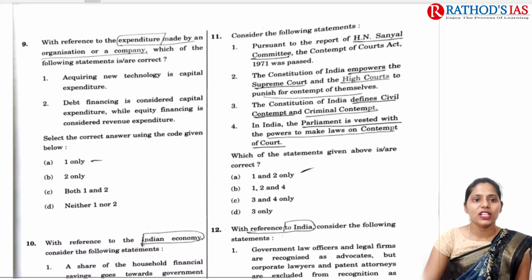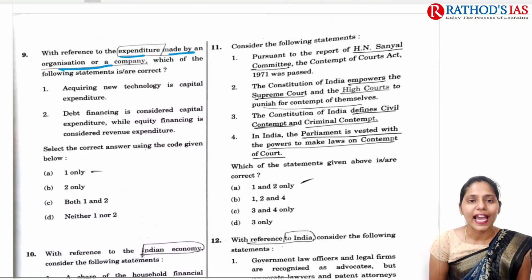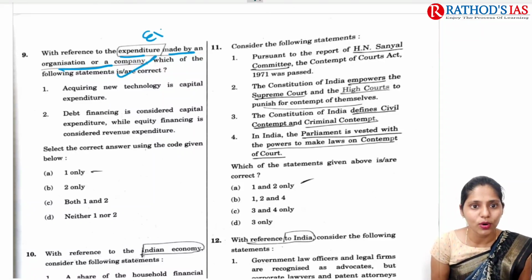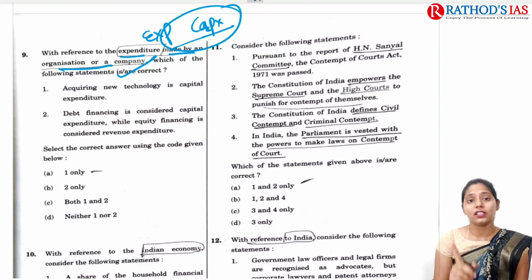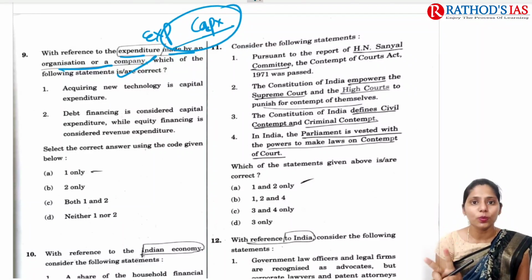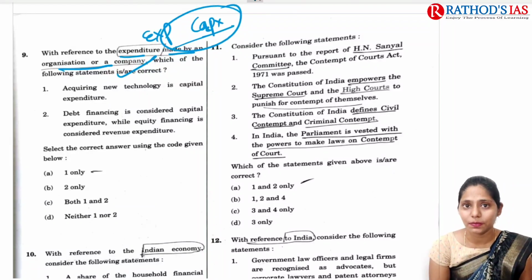And the ninth question here is, with reference to expenditure made by an organization or a company, which of the following statements are correct? So it is talking about expenditure, especially CAPEX, capital expenditure. I discussed this topic when we discussed the budget. I discussed the budget in two parts, and I think in the first part I discussed capital expenditure.